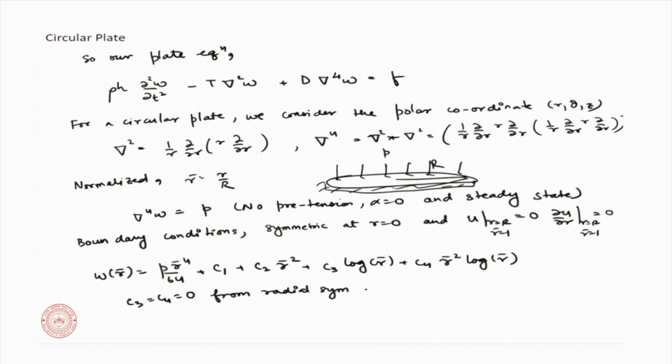From the first two boundary conditions we can get rid of C 1 and C 2, and our equation W will therefore be equal to P by 64 of (r square minus 1) whole square, or in terms of capital P, that is P L 4 by D of ((r over capital R) square minus 1) whole square.